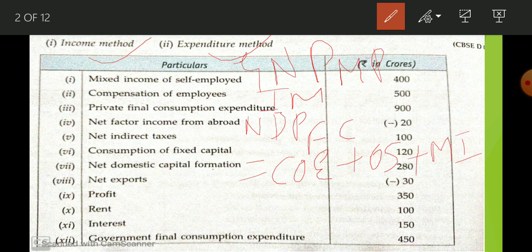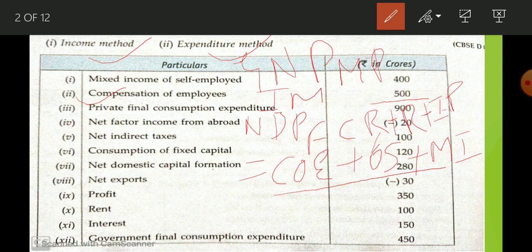So here we are going to search for all these elements first of all. Compensation, COE, compensation of employees, is given 500, okay? The value of operating surplus is not given, and this operating surplus is the sum total of rent, royalty, interest and profit, okay? Interest and profit.